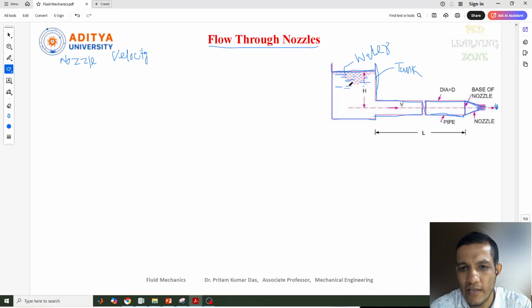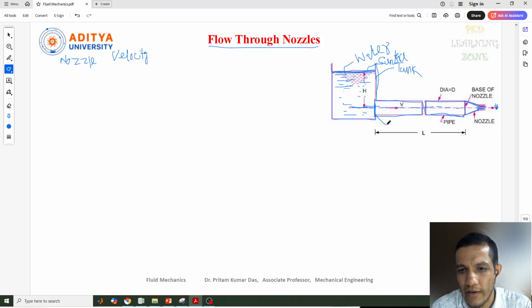This is the center line of the pipe flow, and we consider the distance from the surface of the water to the center line at the inlet of the pipe.